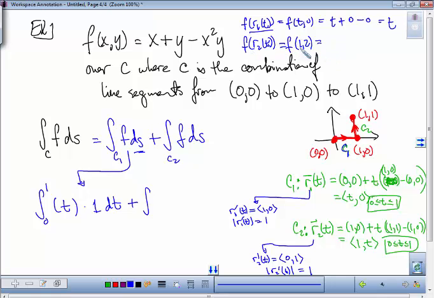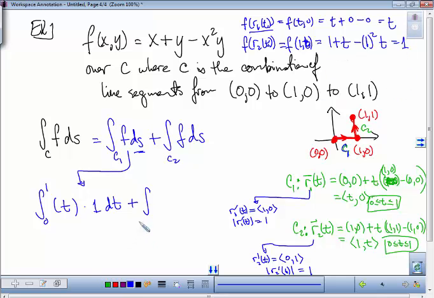So we have 1 comma t. And so we put 1 in for x and t in for y. 1 squared times t. So this is just going to be 1 plus t minus t, that's just going to be 1, right?